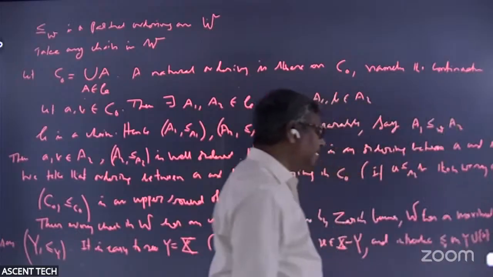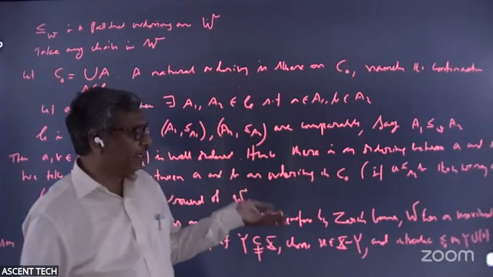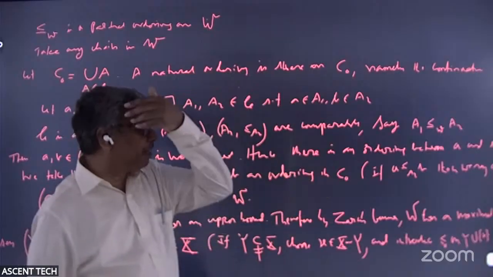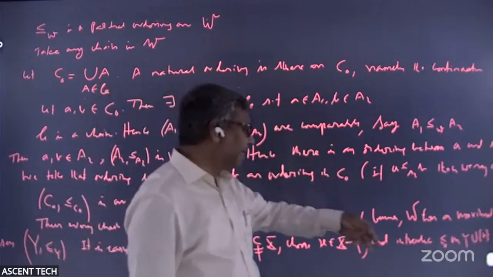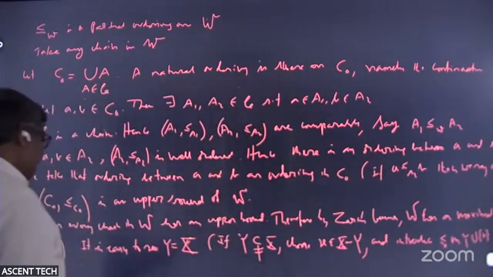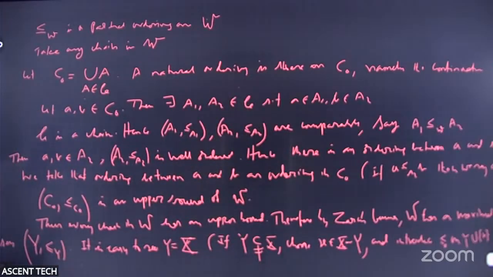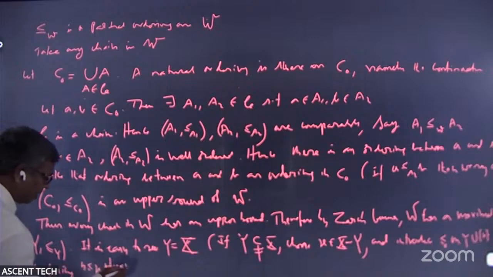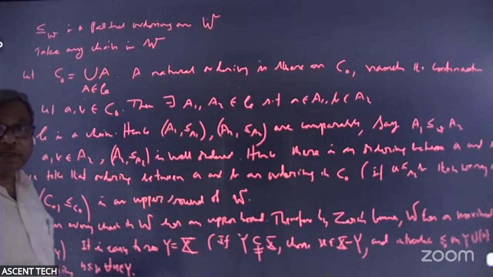The ordering that is on y is already there, only x is bigger than everything in y, by declaring y is less than or equal to x for every y in y. Then that becomes a well-ordered set.